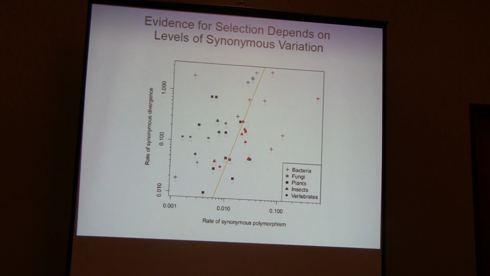Species with more variable sites in the genome are probably going to have more selected sites, but at this point it's difficult to tell whether that is the explanation for this pattern.